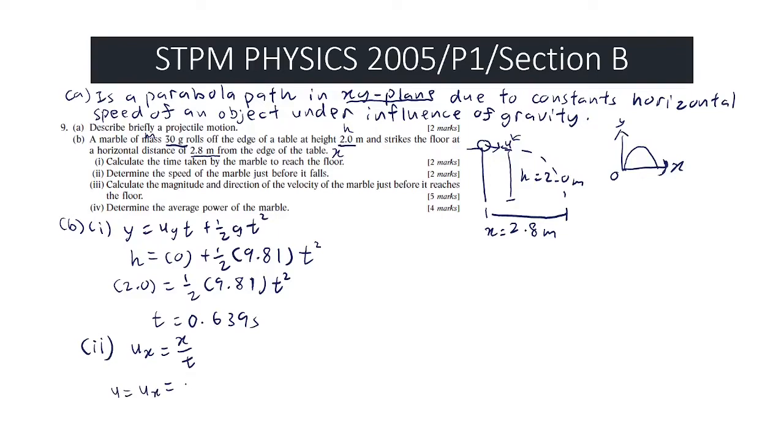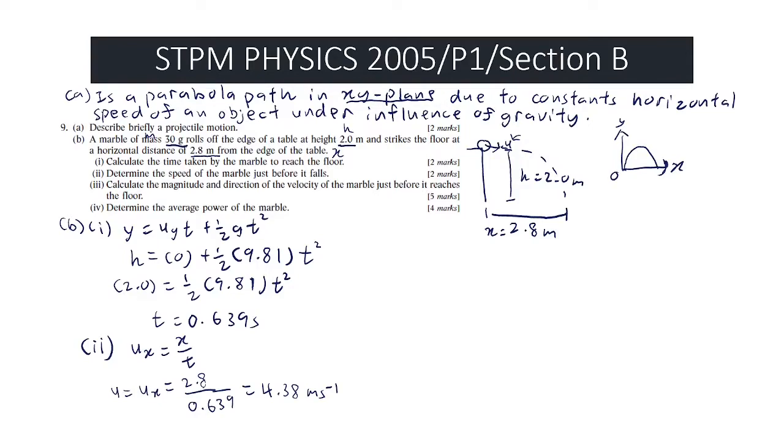We have x, which is 2.8, and the time t is 0.639, and here we get 4.38 meter per second.